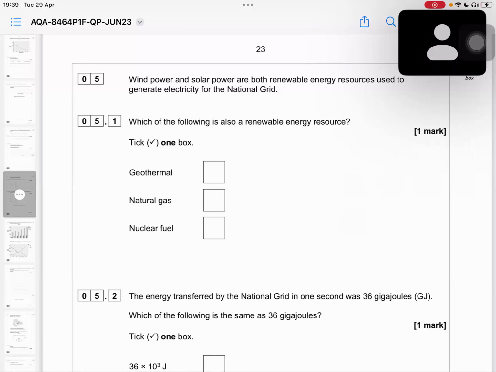I think we should go with geothermal. Natural gas, I'm not too sure of natural gas. Geothermal should suggest heat energy in some form. I'm not too sure of it. Okay.